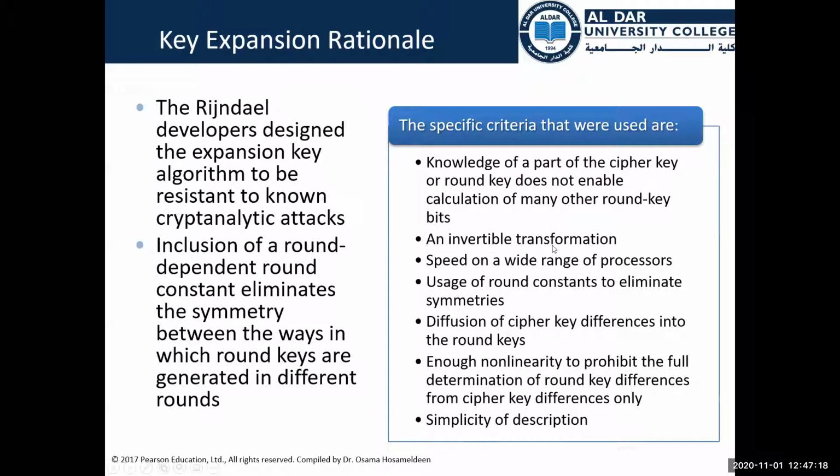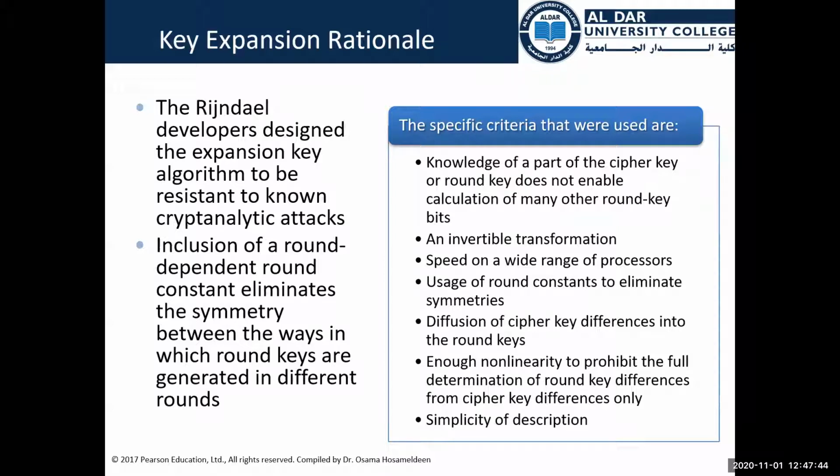An invertible transformation means I can do forward and backward, going and back, and so on. This operation is reversible. It gives speed on a wide range of processors, because some of the algorithms are implemented by hardware.